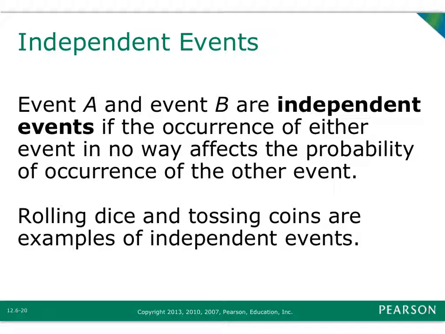So in recap, event A and event B are independent events if the occurrence of either event in no way affects the probability of the occurrence of the other event. For example, rolling dice and tossing coins are examples of independent events. They don't change the probabilities on the next experimental try.